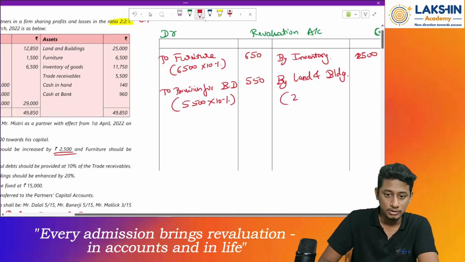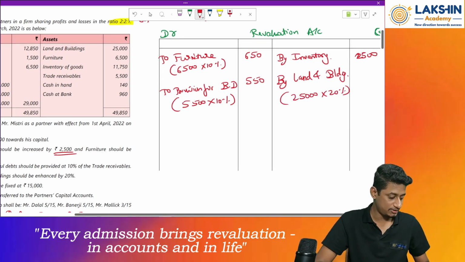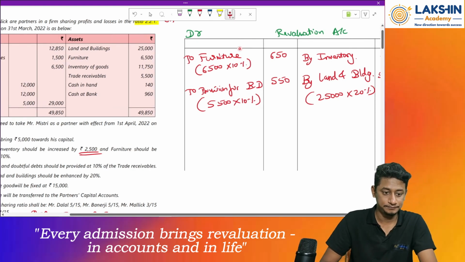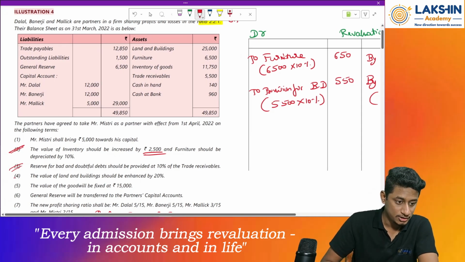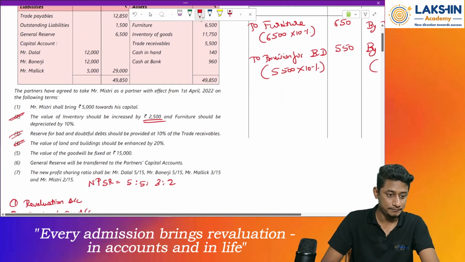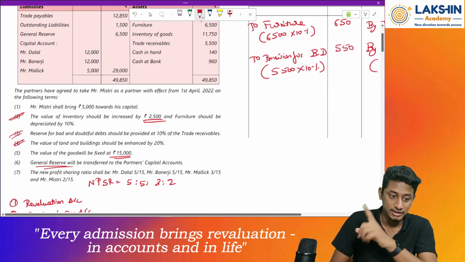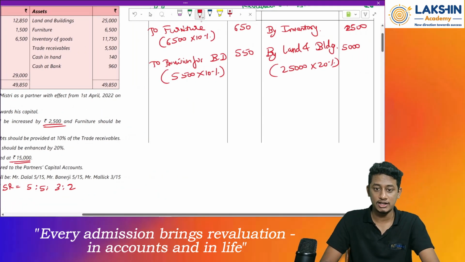How much is the value? 25,000 into 20%, that will be rupees 5,000. Okay, then next, this is also done. Any other changes over here? Goodwill will be fixed, not a revaluation. General reserves, we will touch it in the capital account. So done. So we are done with the revaluation account.